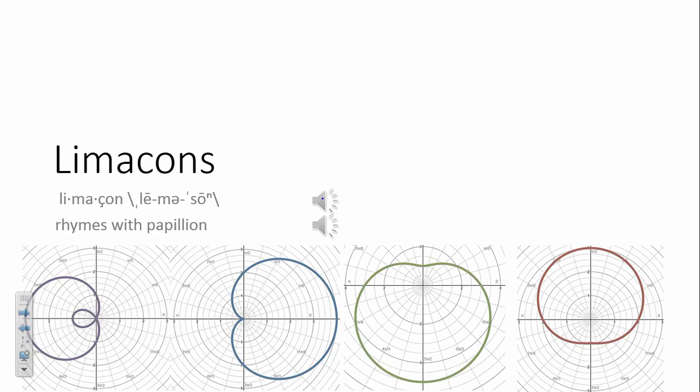All right, so on our videos that we watched on Friday, she talked about limaçons, okay, having either an inner loop or a dimple, or a cardioid, or convex, okay? And we're going to talk about those and take notes on those.